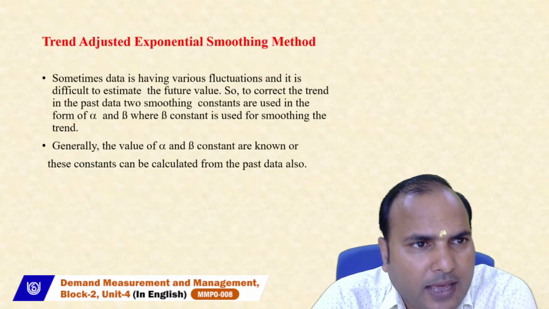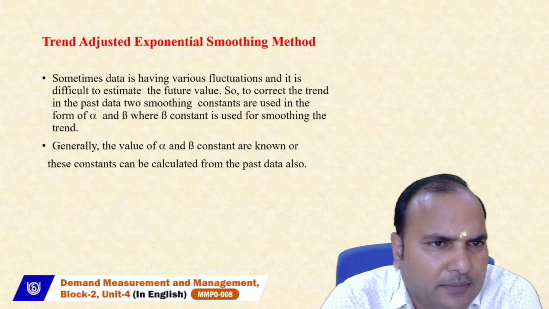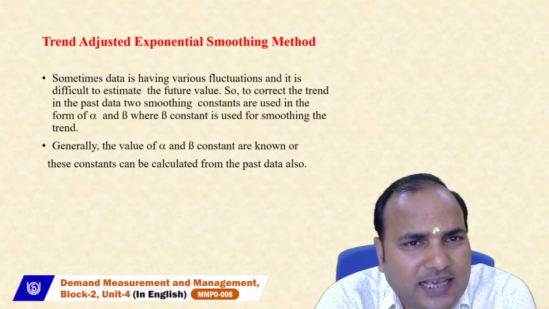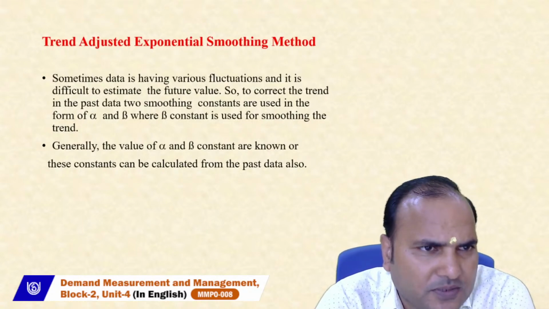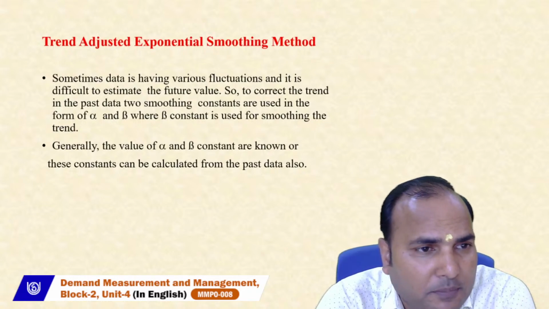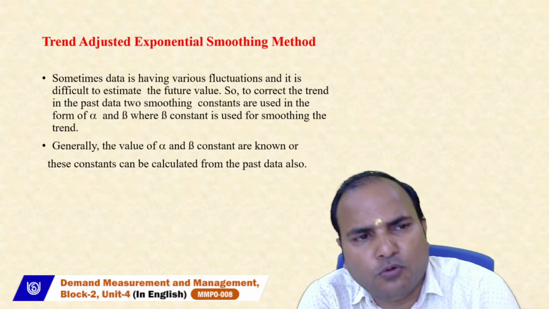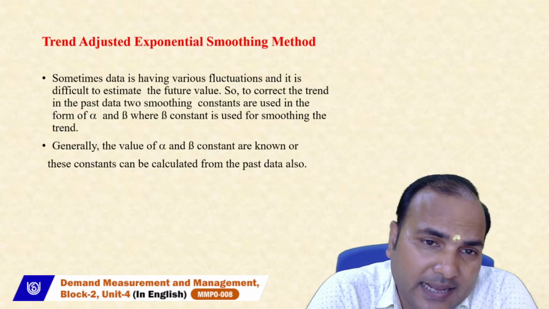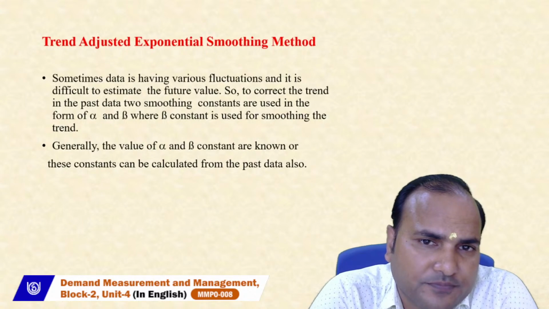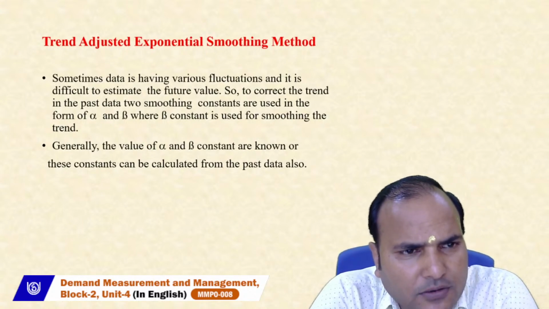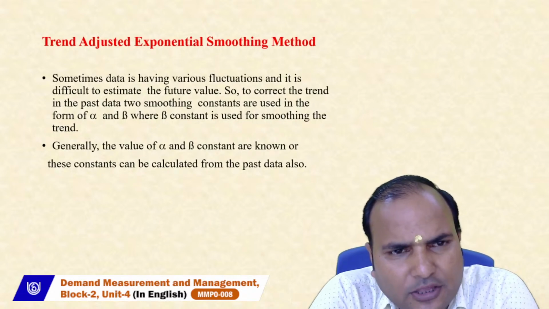Okay. Now let us come to the trend adjusted exponential smoothing method. As you know, sometimes the data has various fluctuations and it is difficult to estimate the future value.